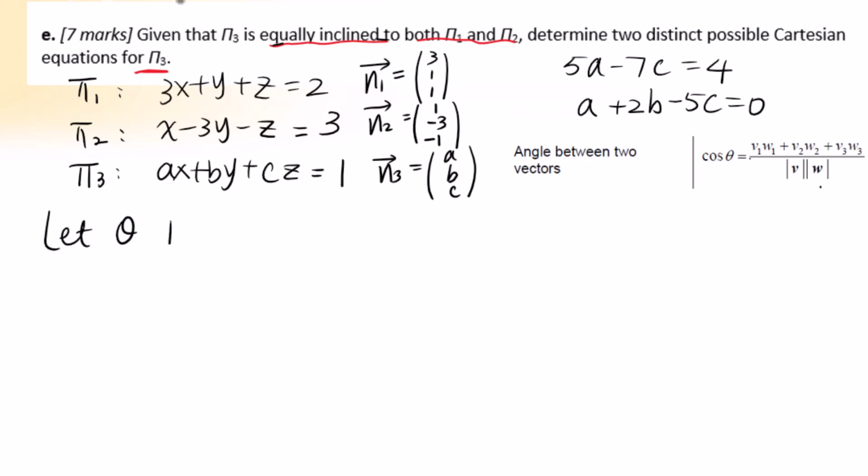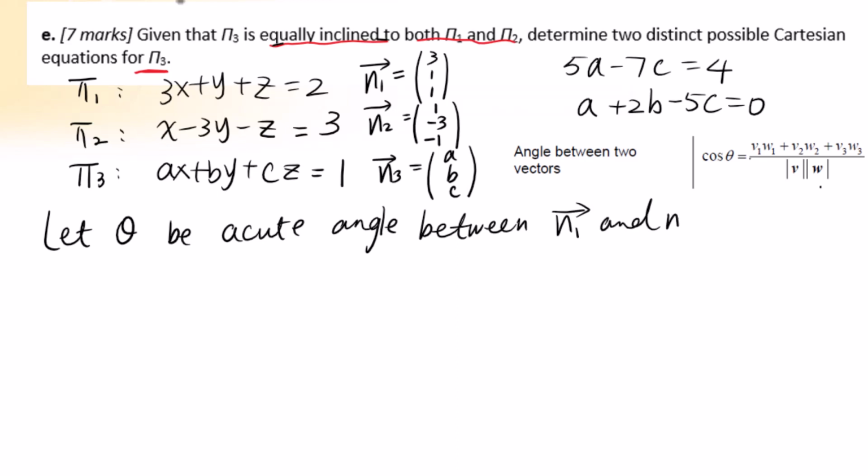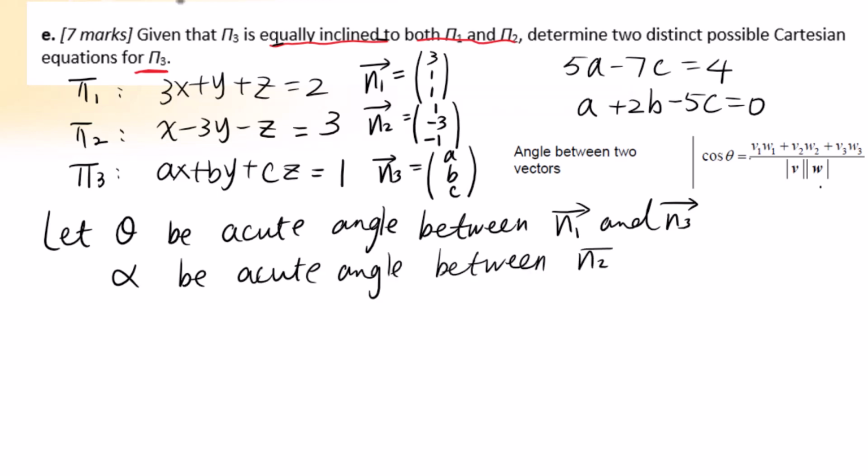Let theta be the acute angle between vector n1 and n3, and alpha be the acute angle between n2 and n3.